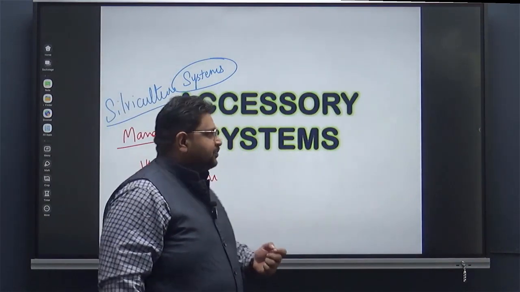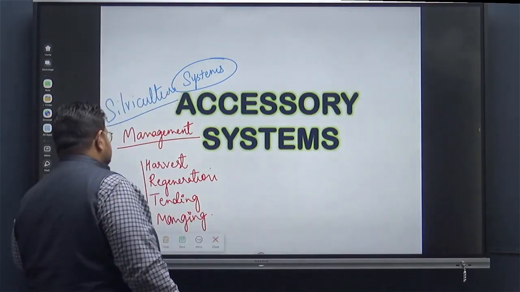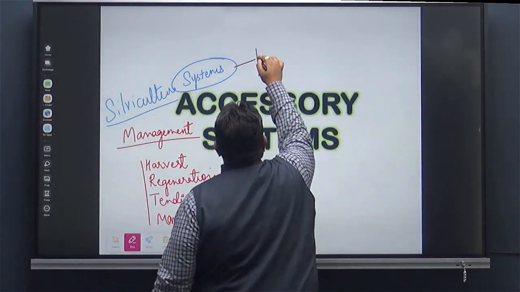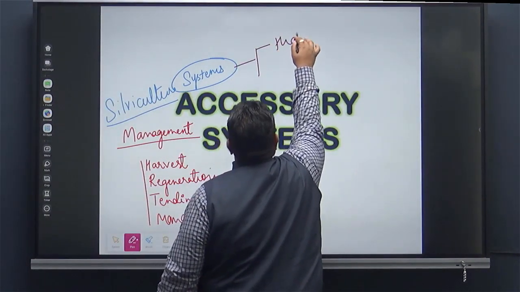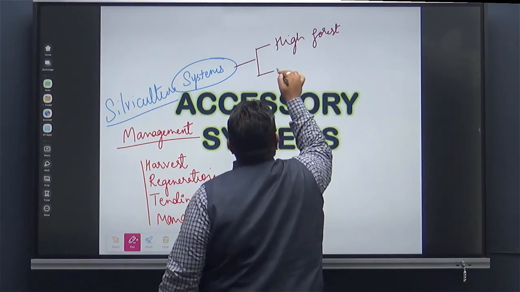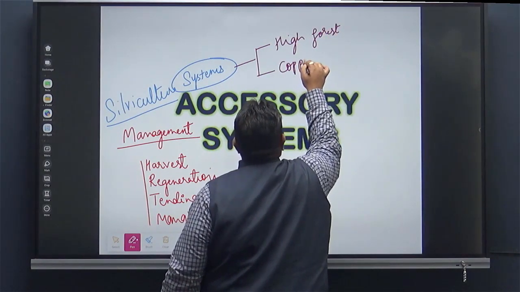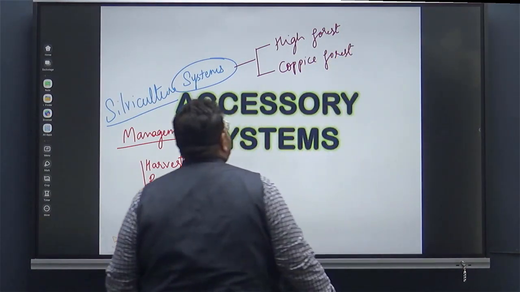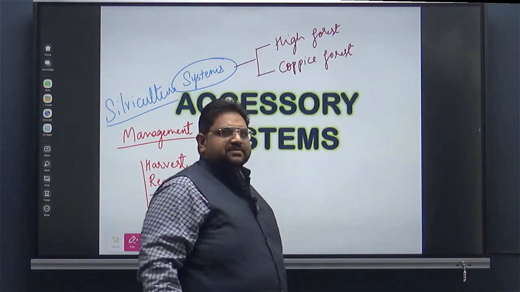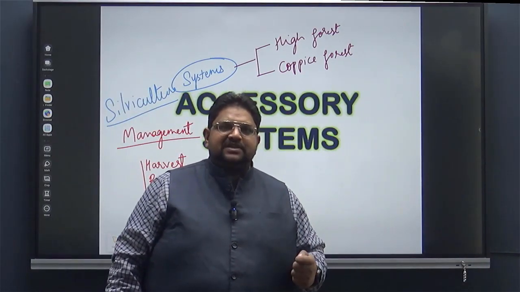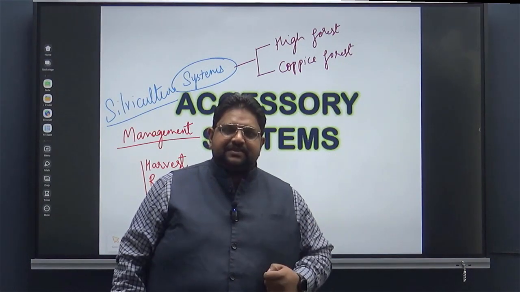worked upon. Now in these silviculture systems, there is a very broad category of high forest systems and coppice forest systems. High forest silviculture systems are those systems which are applied to forests which originated from seedlings.